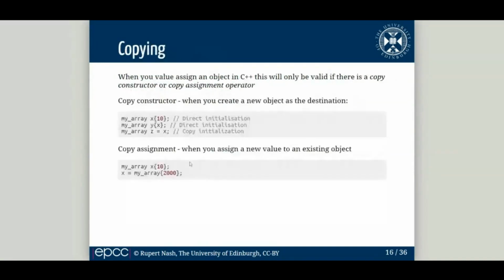The first function will be called when this is executed, and the second one will be called when this part is executed. You see the difference? Because here the set doesn't contain anything and you are doing a copy of X. But in this case X contains already an object, so what you are doing is assigning another object. The previous one, if you don't handle that, will occupy memory that you cannot access any longer.